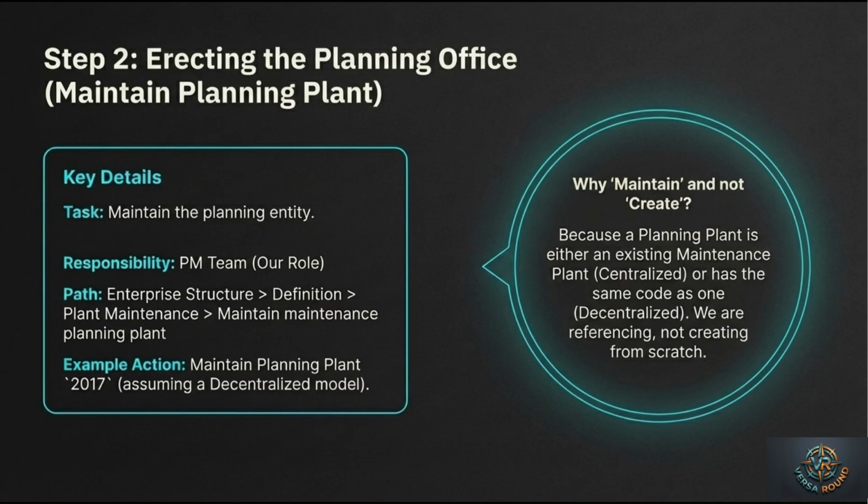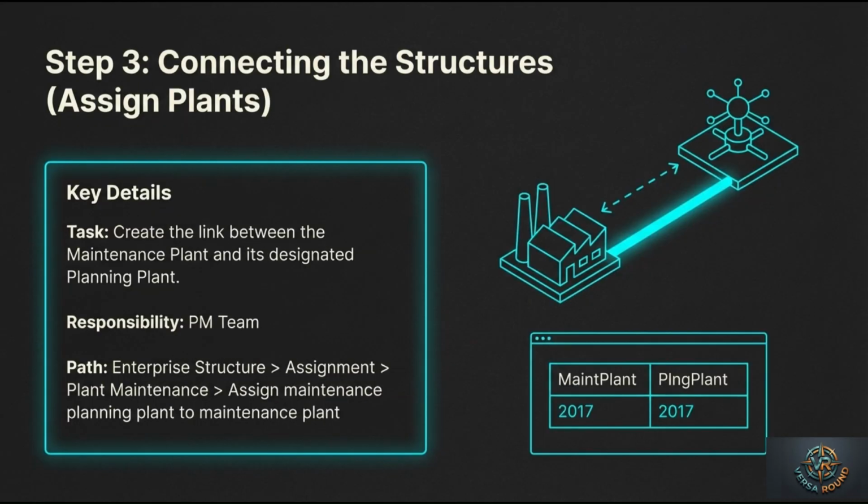We maintain the planning plant. Notice the language here. We maintain it, not create it. Why? Because we are simply telling SAP that this existing maintenance plant, like 2017, will also act as a planning plant.